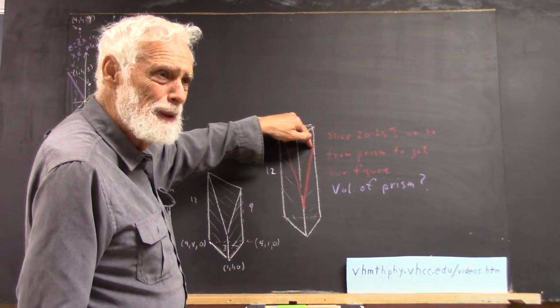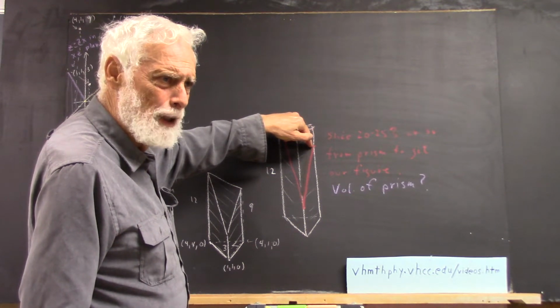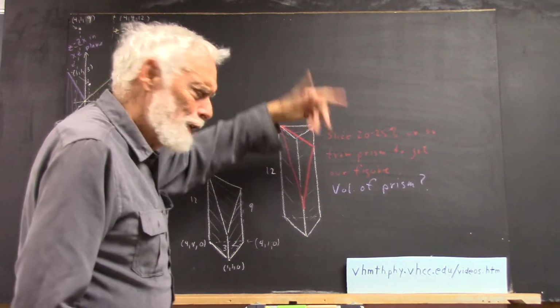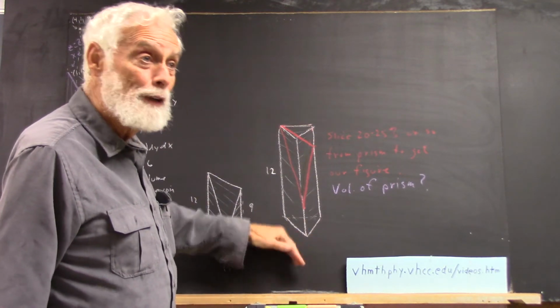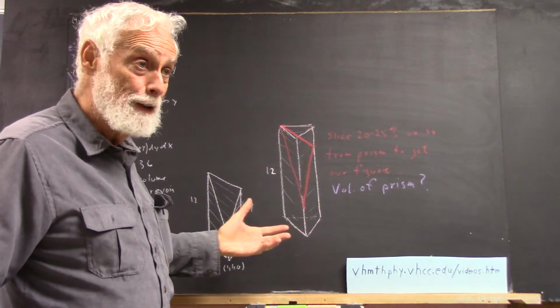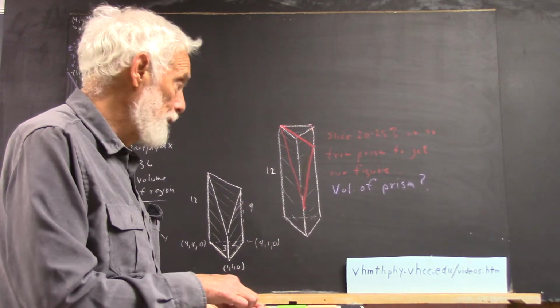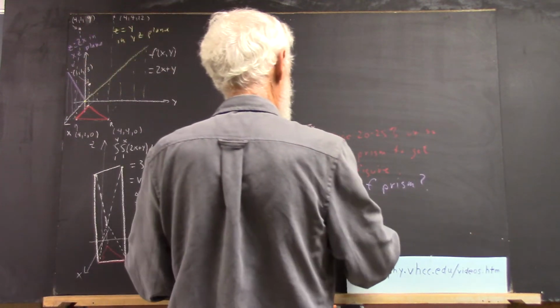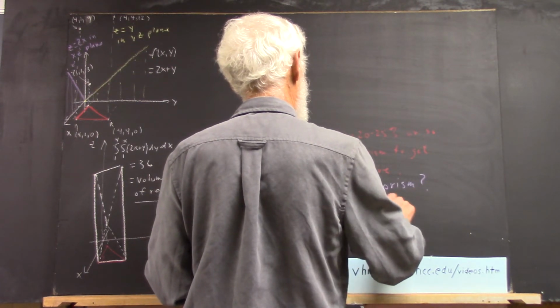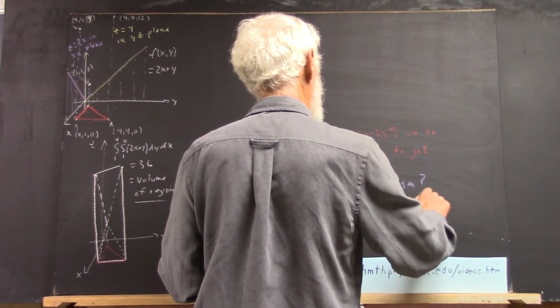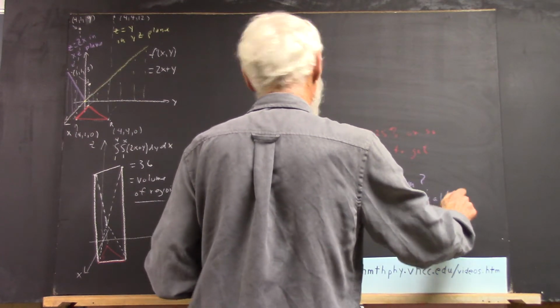And just say that this line should actually be dotted. If I knew geometry better, I would have dotted it. Okay. You multiply the area of the base by the altitude. Very simple idea. Volume of the prism is area of base times altitude.